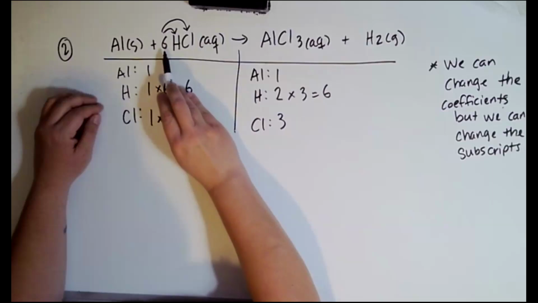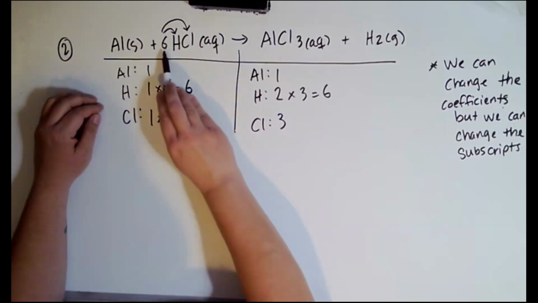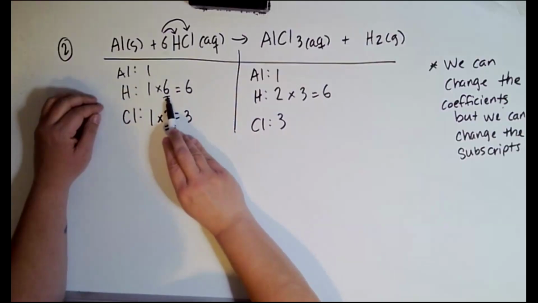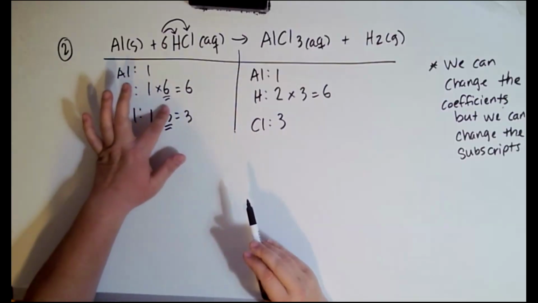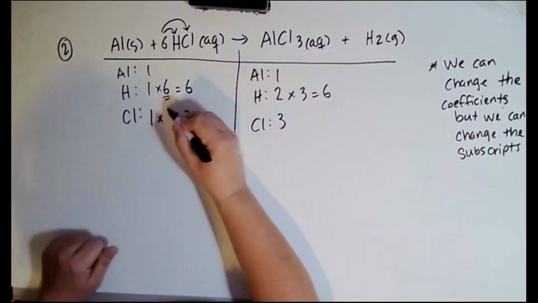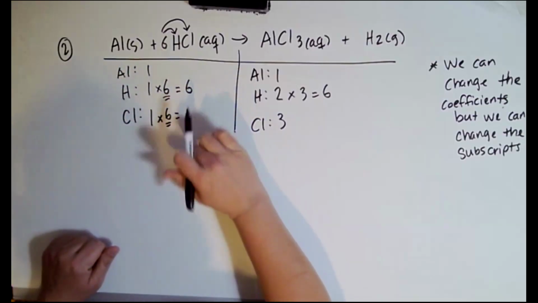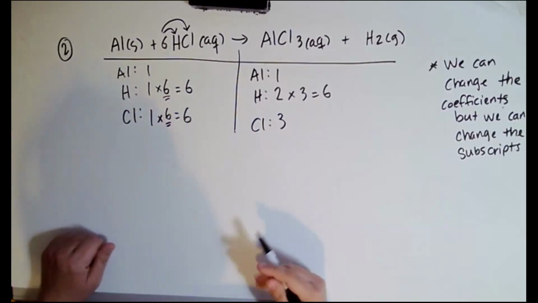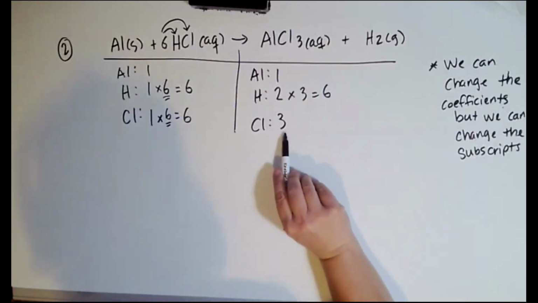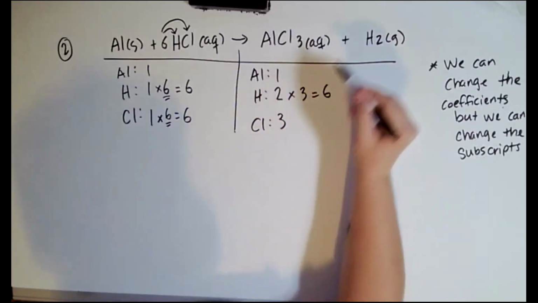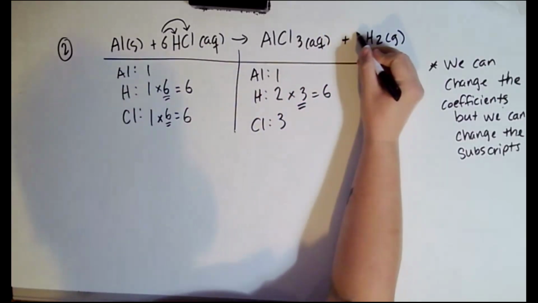Okay. Now that I've changed the coefficient in front of my HCl, I've changed my multiplier for my hydrogens to 6, but I'm also going to change my multiplier for my chlorine to 6 as well. No problem there. But now I have a mismatched number of chlorines.